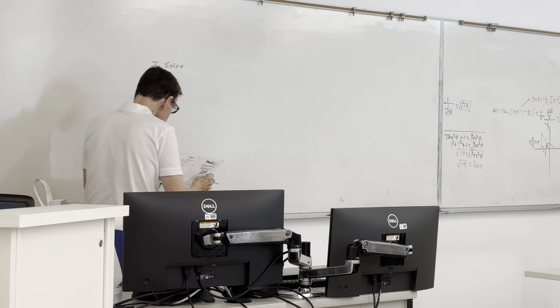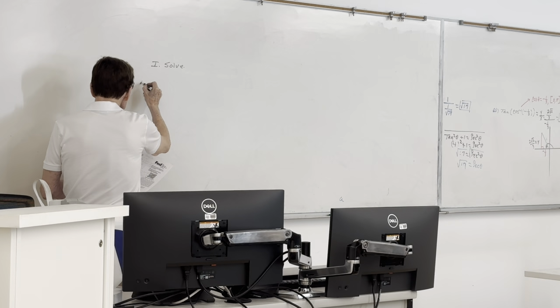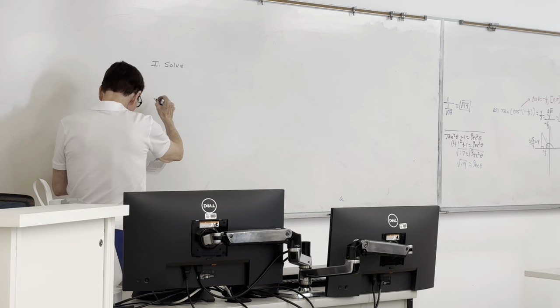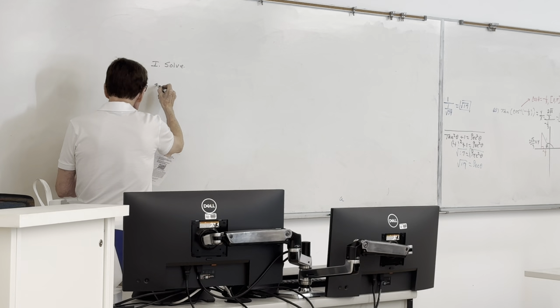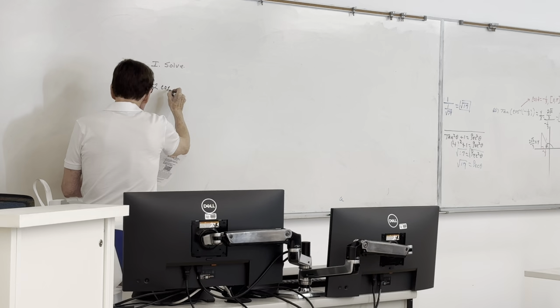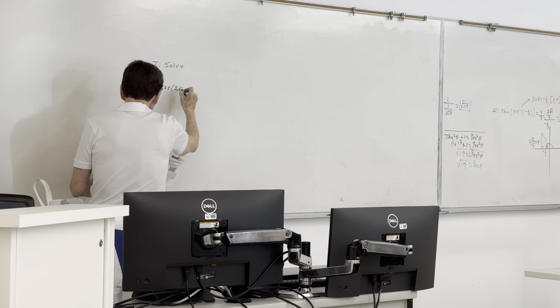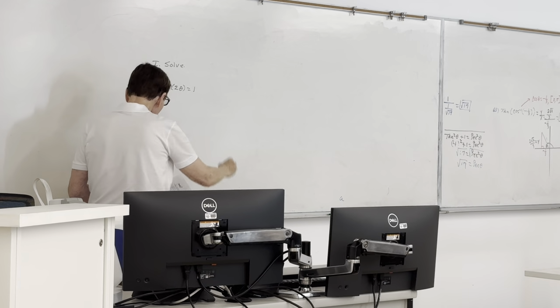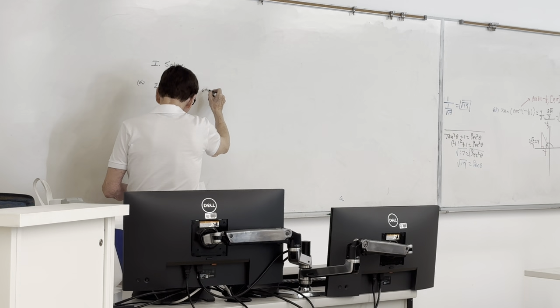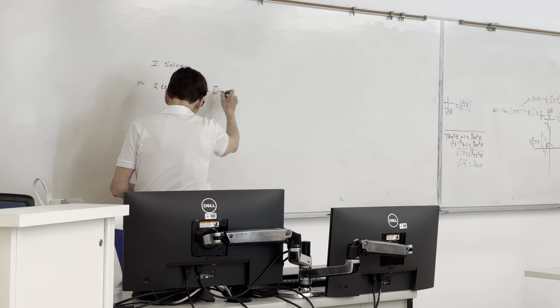First one. I'd like to solve this equation: 2 cosine of double theta is equal to 1. And I'd like to find the solutions on this interval.